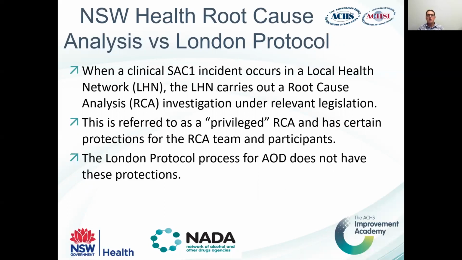So even though the two processes of investigation might look and feel similar, it's important that we've called it something else. It's called a London Protocol just to make sure that people don't confuse that those RCA protections apply to these London Protocol investigations.